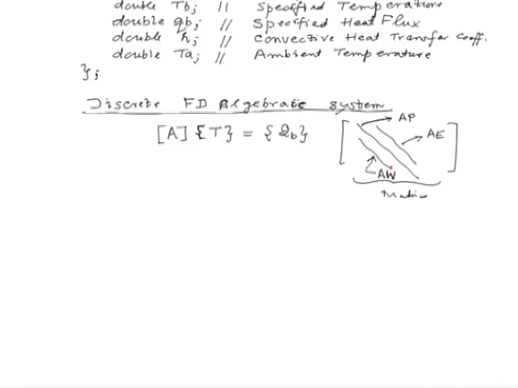So let us use these same symbols in designing a data structure for representation of all the entries in our finite difference algebraic system. And let us call that a matrix.